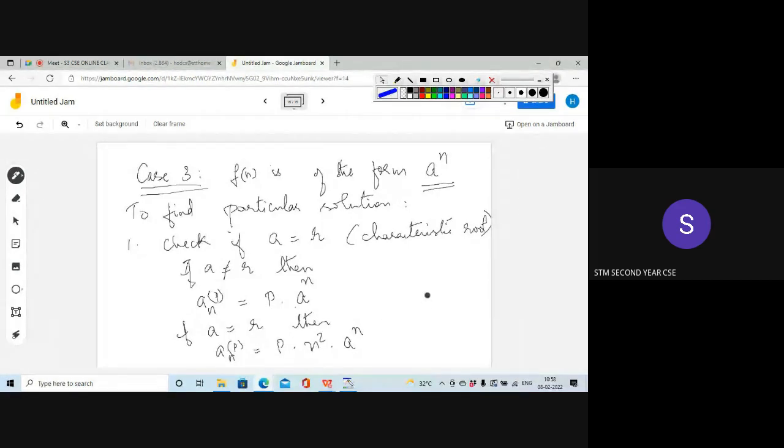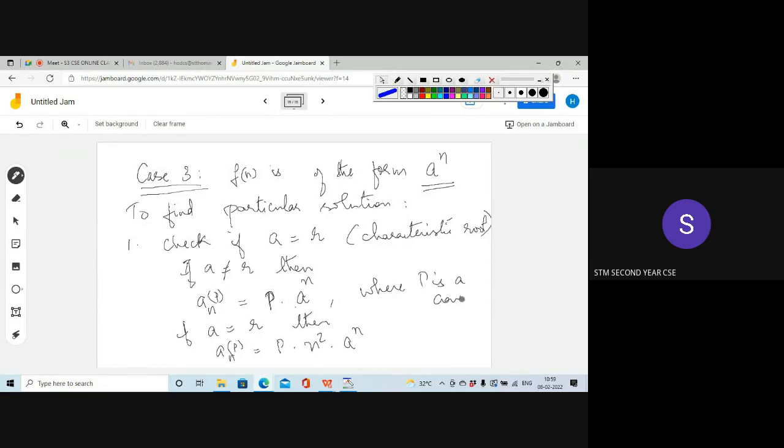Okay, so this you should remember when solving the third case. We have two cases when we consider the particular solution. If the base a given in the equation is not equal to r, then we have to use the particular solution an of p is equal to p into a raised to n, where p is a constant.